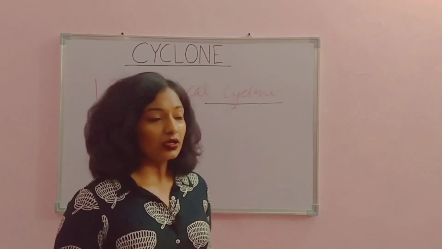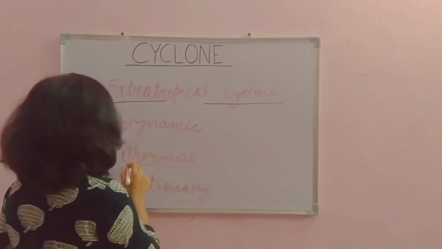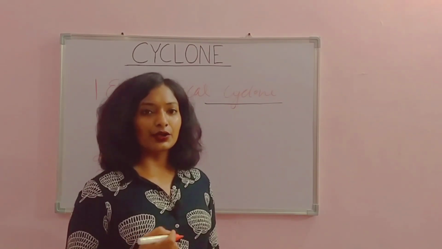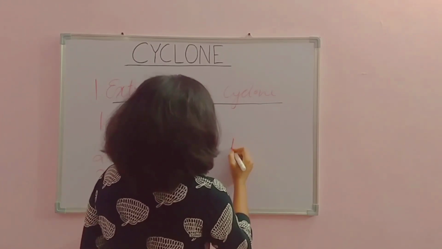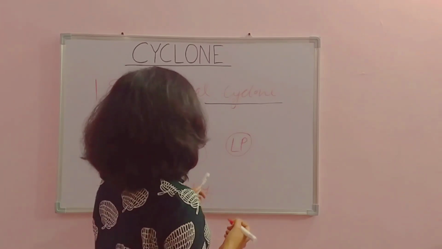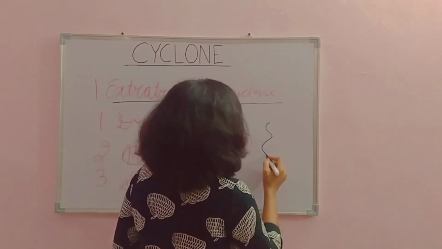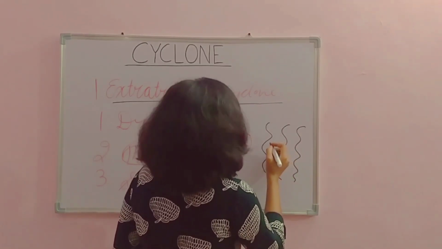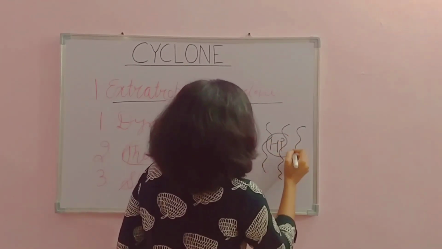Next, we will understand what is thermal cyclone. Thermal, as the name says, is influenced by insolation. What is happening in middle latitude, when the continents are hot, meaning high temperature, over continents low pressure is developed, and the surrounding sea area, which is a huge water body, has a high pressure region.